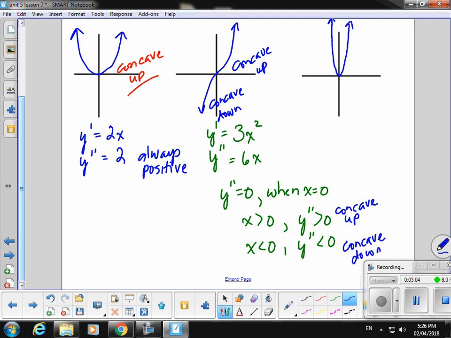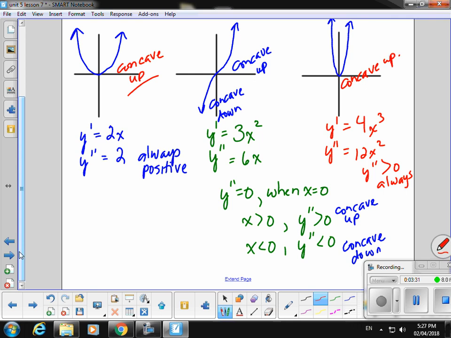X to the fourth, my first derivative is 4x cubed, and my second derivative is 12x squared. Wherever x is positive or negative, this is always greater than 0. It is always concave up, which is what we see.